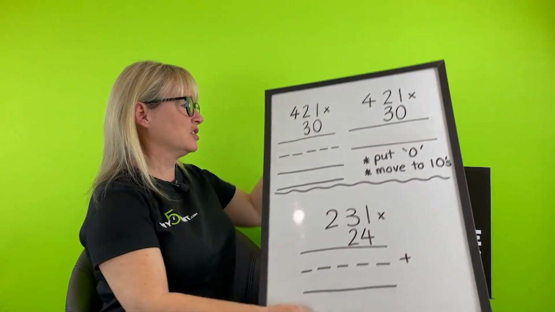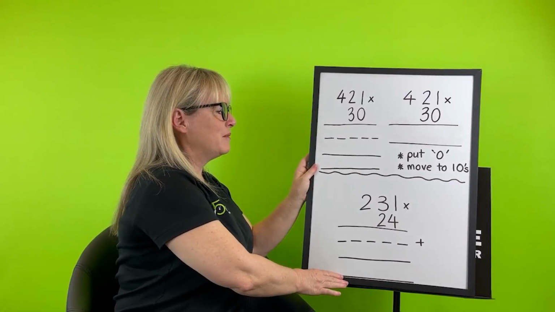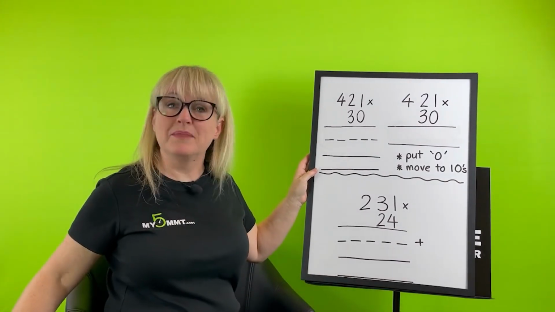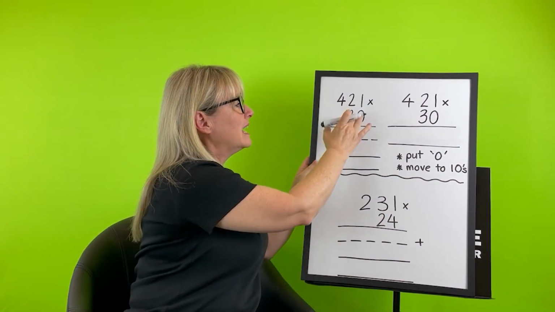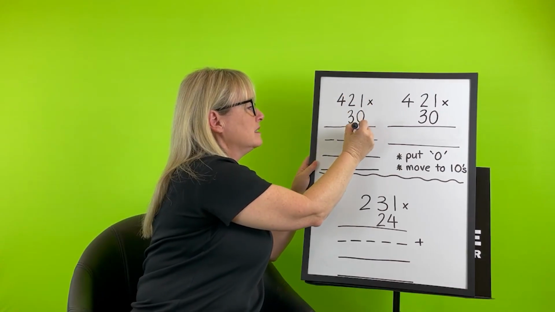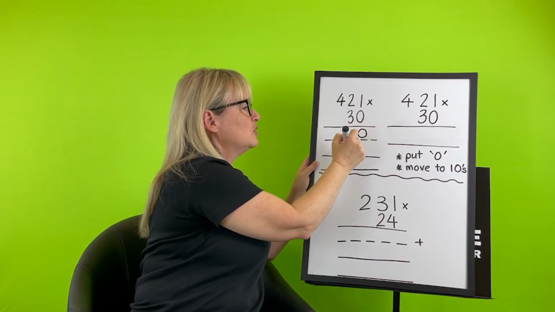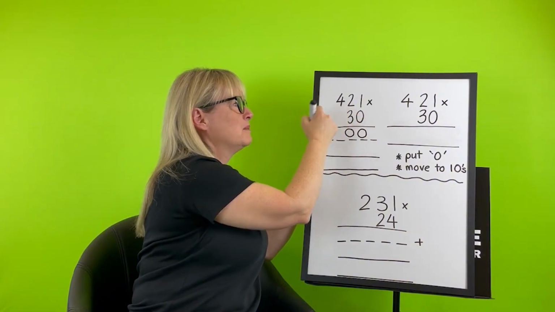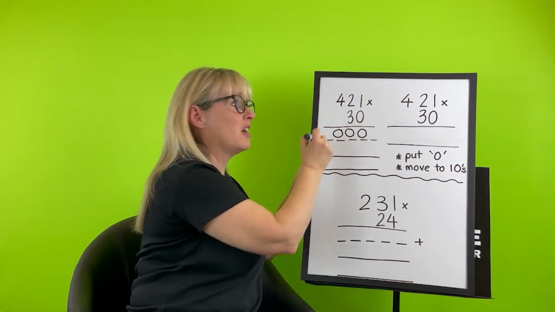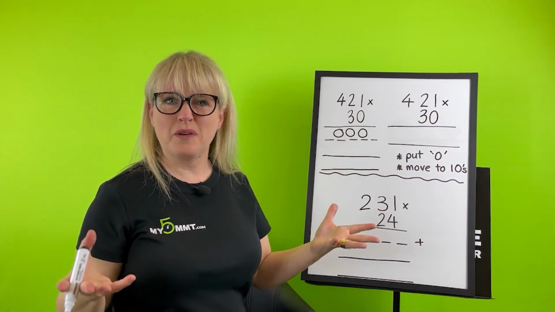Let's look at what I do when I'm multiplying by more than one digit, like in these questions. Now I've written the same question twice for a reason, because I could be looking at doing 0 times 1 is 0, and 0 times 2 tens is 0, and 0 times 400 is 0. I've got a whole row of zeros. That's kind of a waste of time.